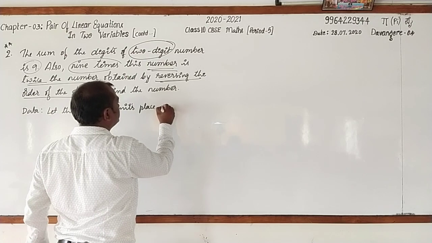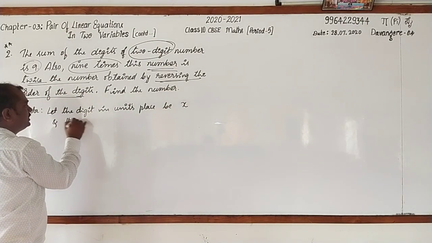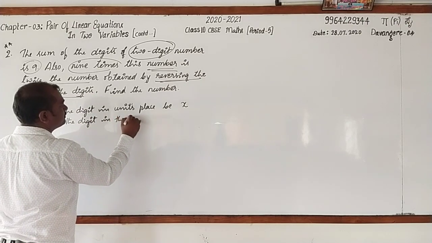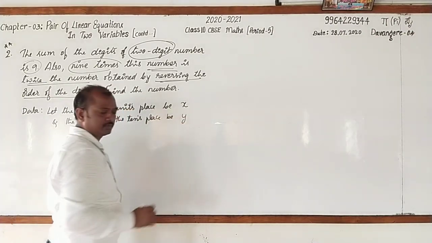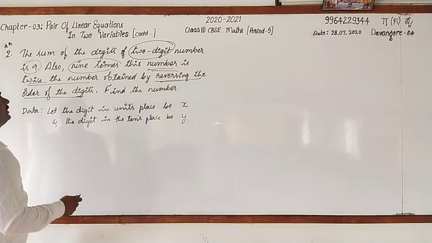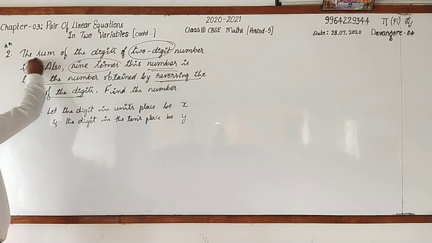Let the digit in the units place be x, and the digit in the tens place be y. Followed?